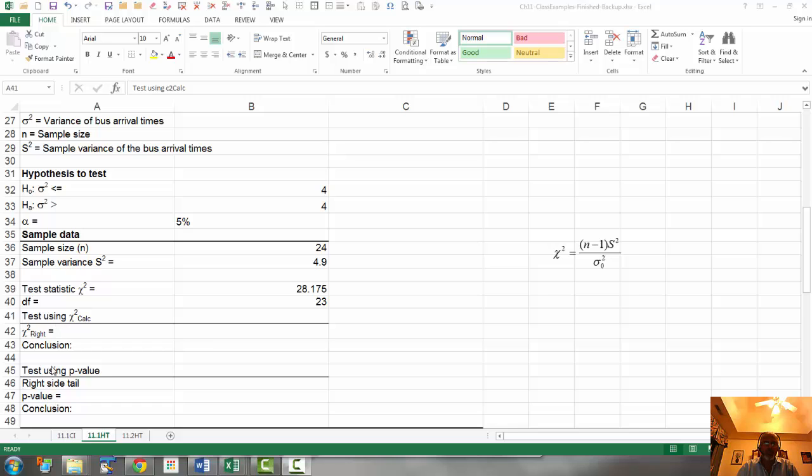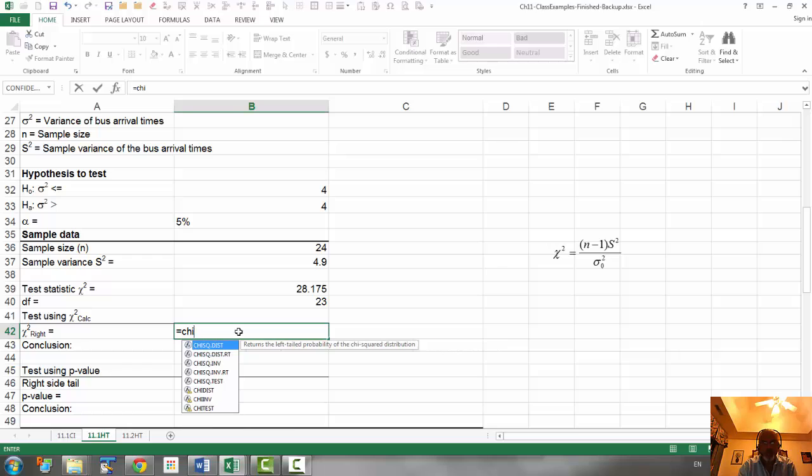Okay, now let's do the test. We will use both the chi-square table value approach and the p-value approach. To set up your chi-square table value, you need to look at the alternative hypothesis. Since this is greater than, we need to use the right hand side chi-squared value.